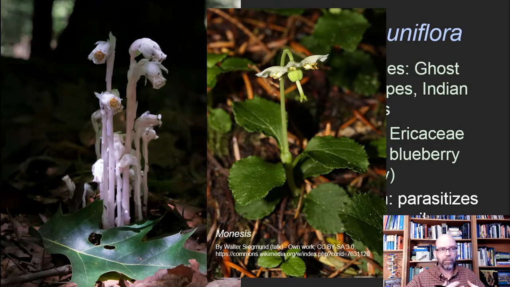But if you think about a holoparasite that's stealing all of its resources from something else, there is no need to have a leaf. It would serve no purpose. And so I'll say they have gotten rid of their leaves. But we're going to leave that for a future discussion of the origins or the ancestors of parasitic plants, when we talk about where they come from.